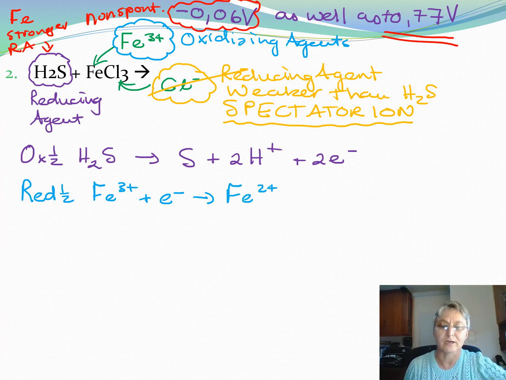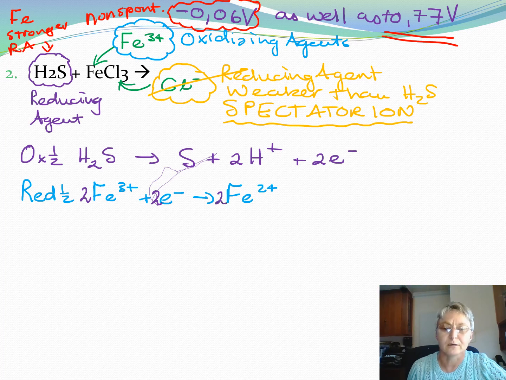So this is the reaction that will lead to a spontaneous redox reaction. To balance the equation, we need 2 iron 3+, that will take in 2 electrons to give 2 iron 2+.